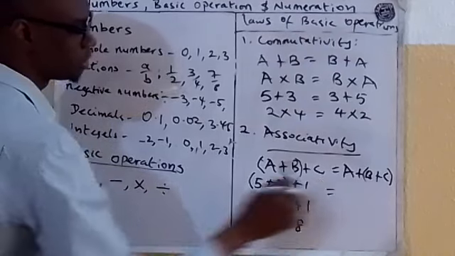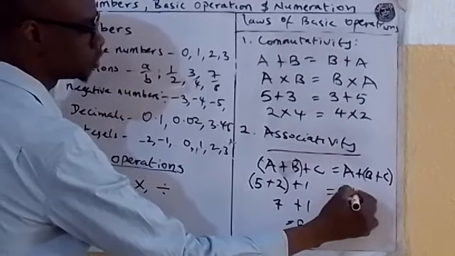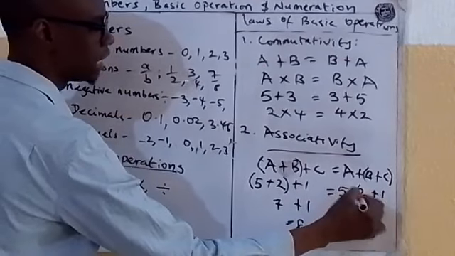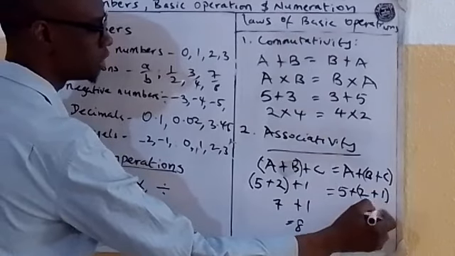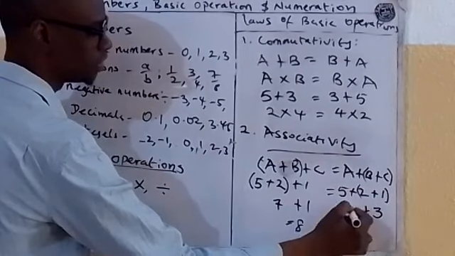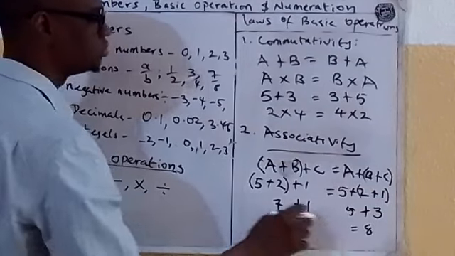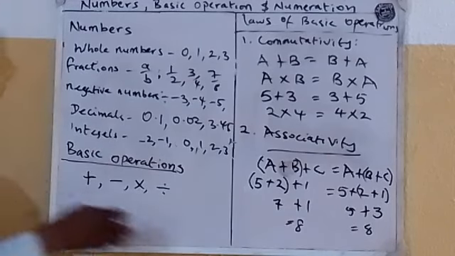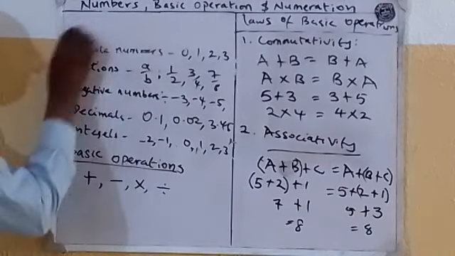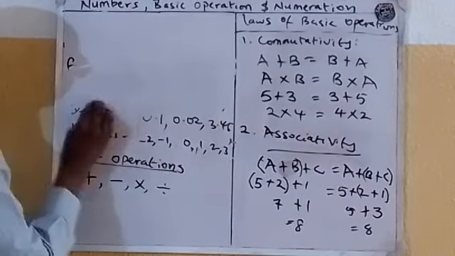If I associate the last two terms and do them first, 2 plus 1 is 3, plus this 5 here, it will still give me 8. So addition is associative; the operation addition obeys the law of associativity, and multiplication also obeys it. I'm going to take this one off so that we can continue the laws.